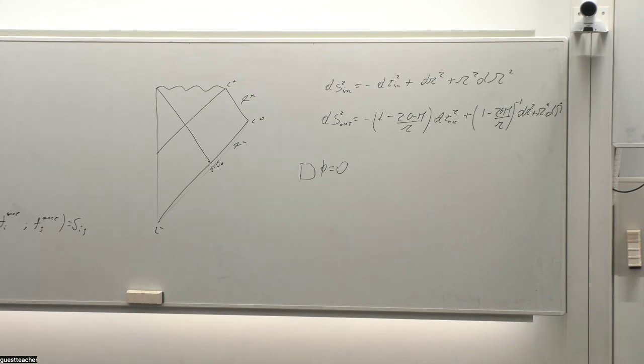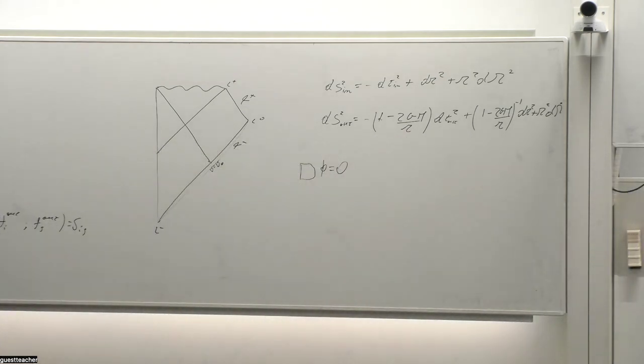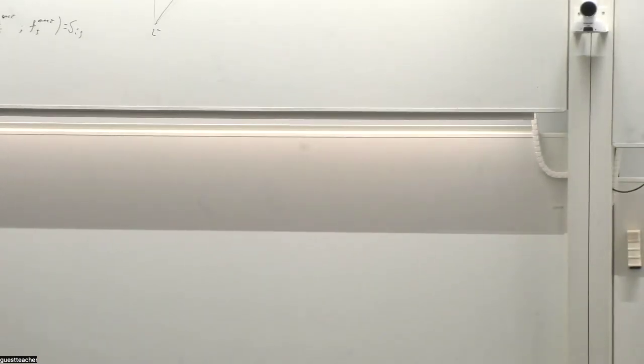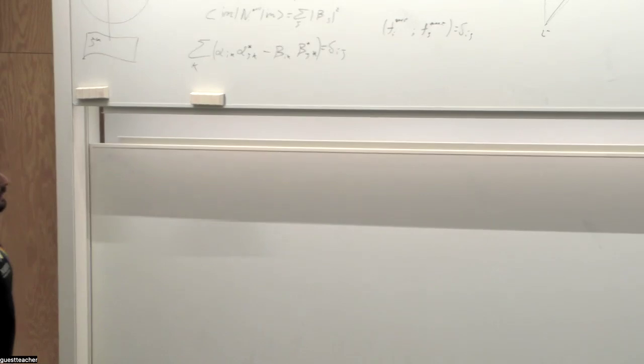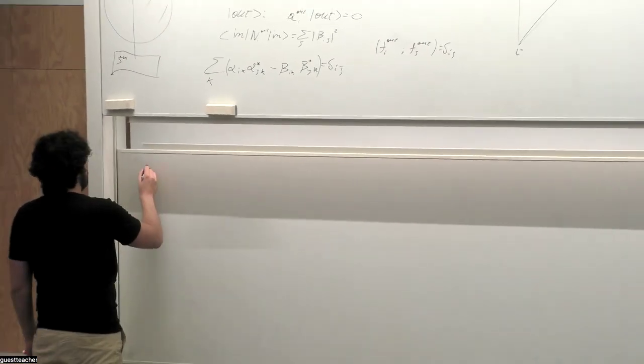So I've written the geometry in these coordinates, and I can now write down the field equations, and I guess that you know how to do this.